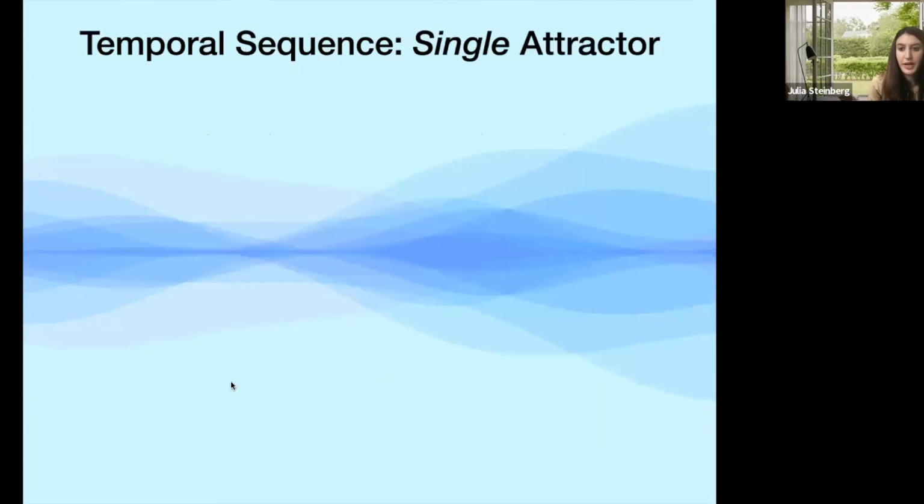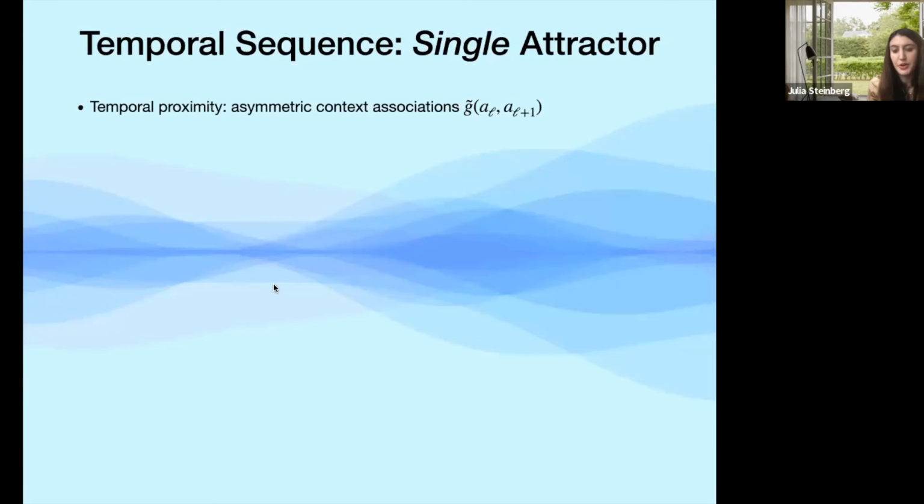So a way to maybe improve this is to think about storing a temporal sequence as a single attractor in an attractor network. To do this, you can think of temporal proximity as being kind of asymmetric context associations.